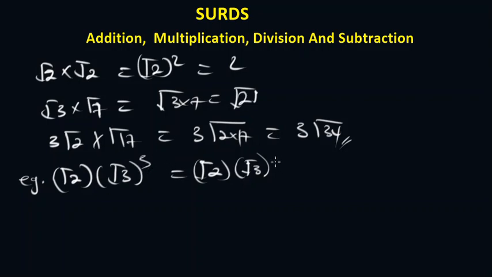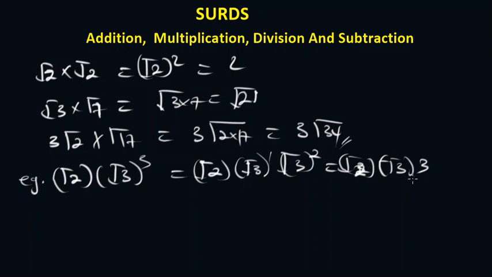So we can divide the power, and this will give us root 2, and then put it in brackets, and times root 3, and then we can have 3.